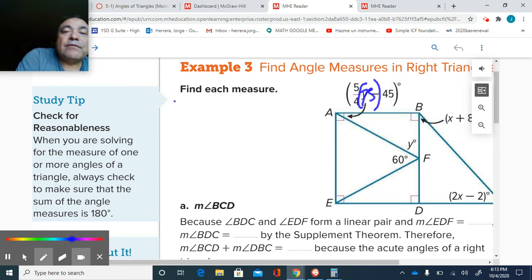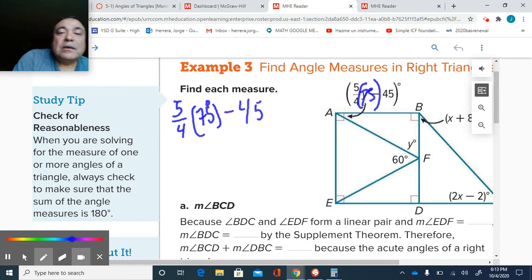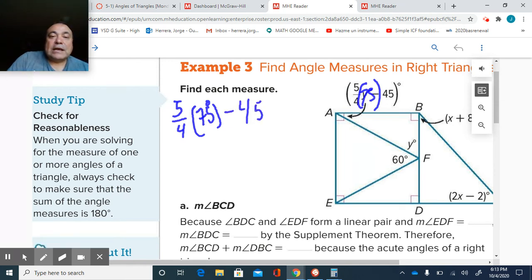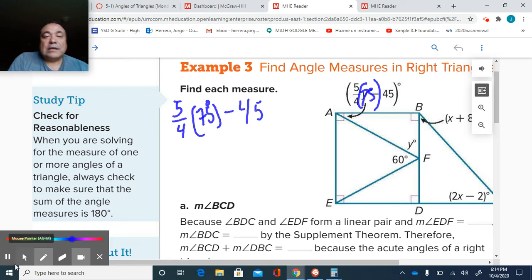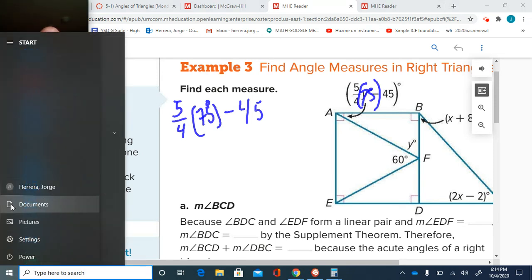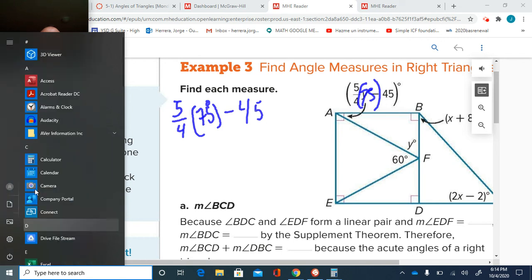So I got 5/4, or 0.8, times 75 degrees minus 45. Okay. So I'm going to get my dandy calculator, and I remember that it's 0.8.